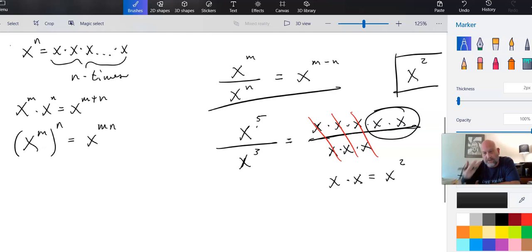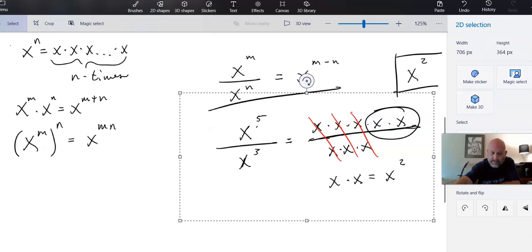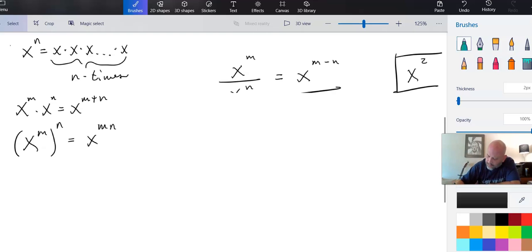Here's where subtraction runs into a little bit of problem, though. What if I look at it the other way? Let me clear a spot here. There we go. Okay, so what if I ended up with x to the third over x to the fifth? We'll just look at the reciprocal.